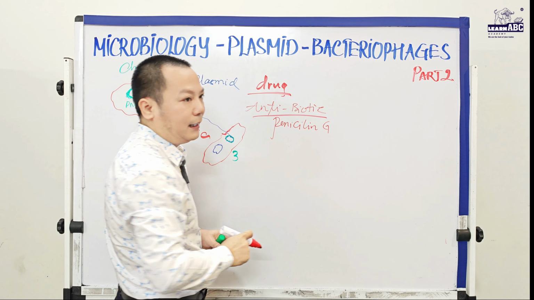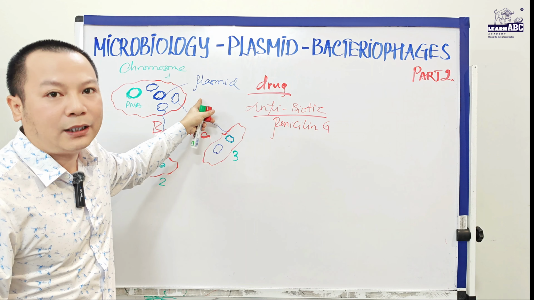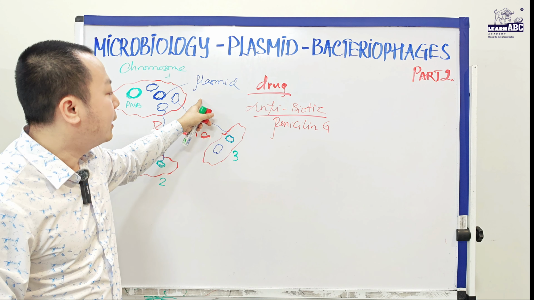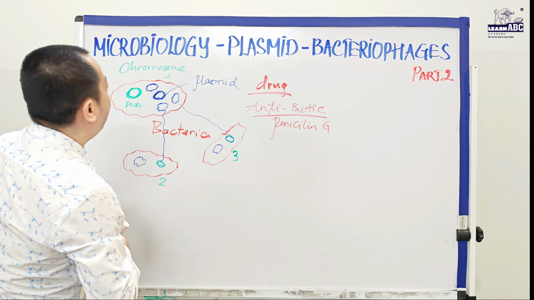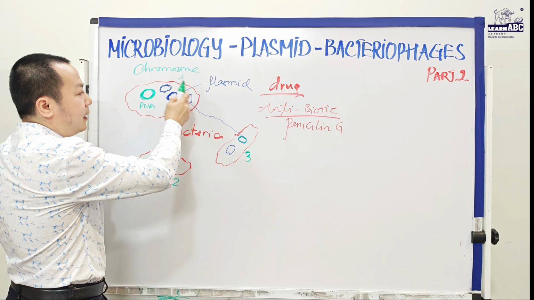G, for example, penicillin G. When you give penicillin G to destroy the cell wall of the bacteria, what happens? The bacteria has plasmids, which have genetic material.